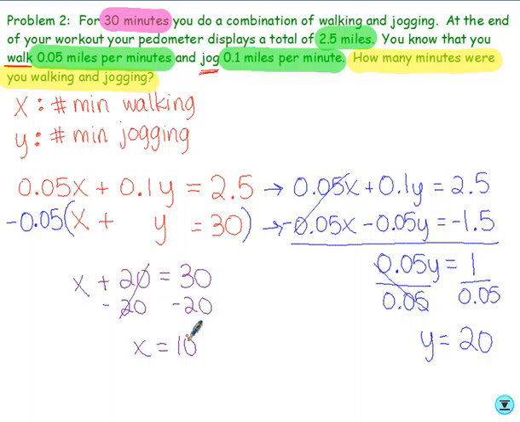We are ready to write our sentence. Let's come back up here. X is the minutes walking. So I would start my sentence with, I walked, let's see, X was over here, 10 minutes.